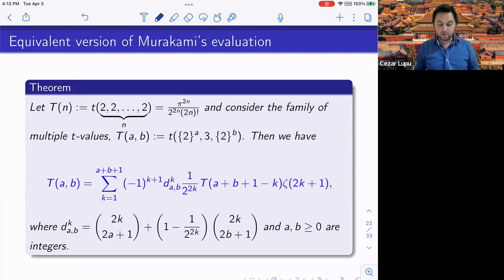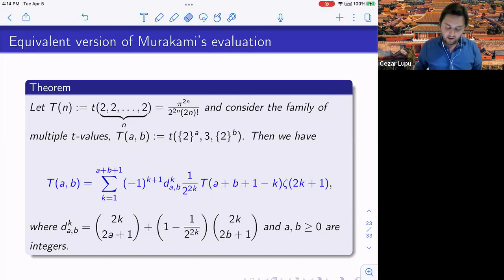Murakami's evaluation. As you can see here, I will define it in my own way. I define this family of multiple t values with 2s and 3 and a single 3. But you see, he doesn't have this term, so I'll have this term. Anyway, it's not a big deal.